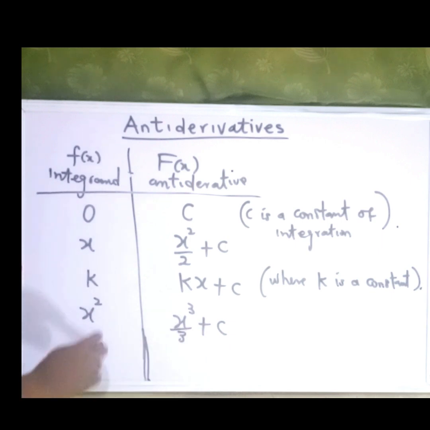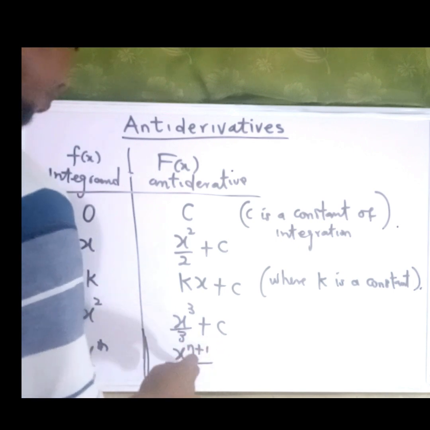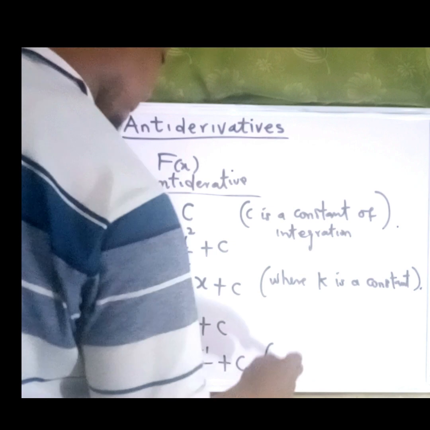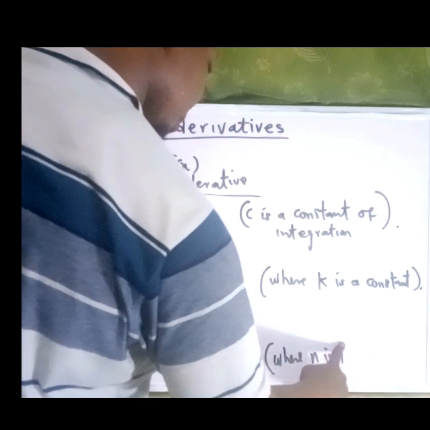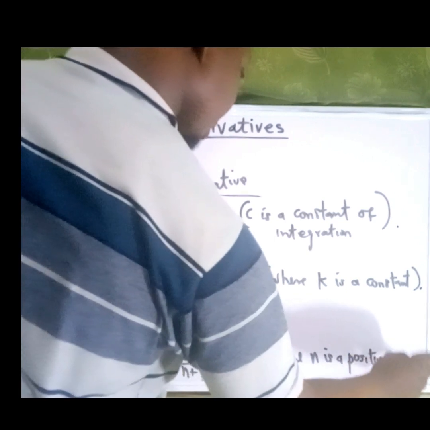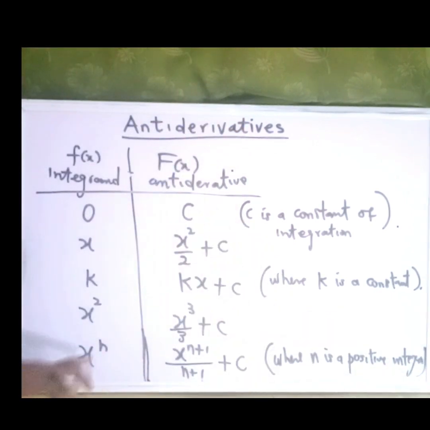So now if you have x raised to the power of n, where n is a positive integer, the antiderivative of that will be this, and so this will be the general notion of that. So this n is a positive integer.